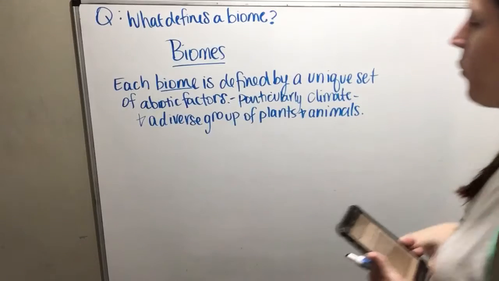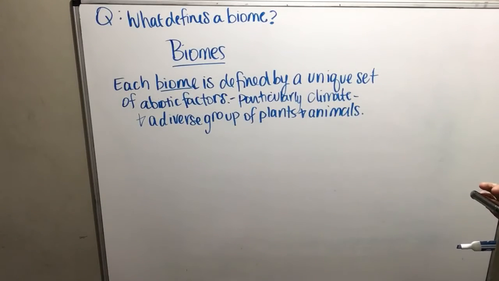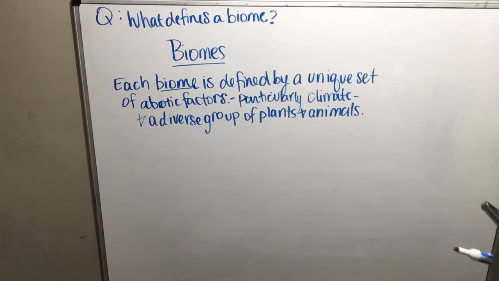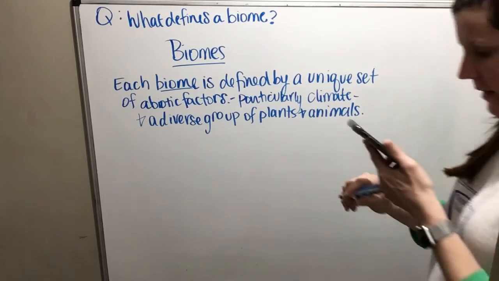Okay, so we're gonna talk about some different biomes, two main categories of biomes, and there's a lot that we can look at. In fact, there are 12 different biomes you guys are going to be looking into, but today we're going to talk about the two main categories of those biomes.